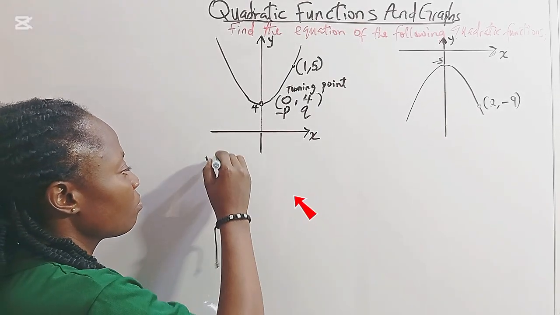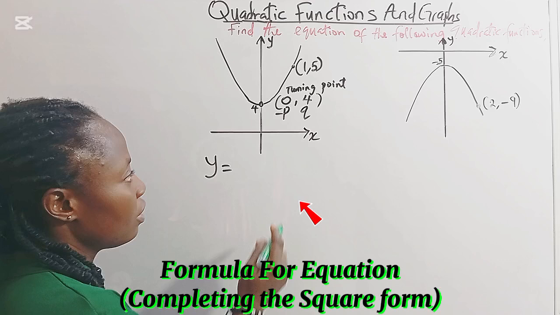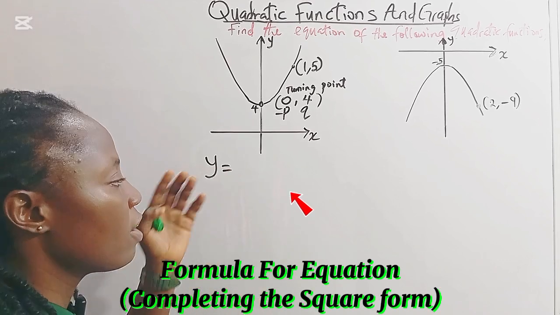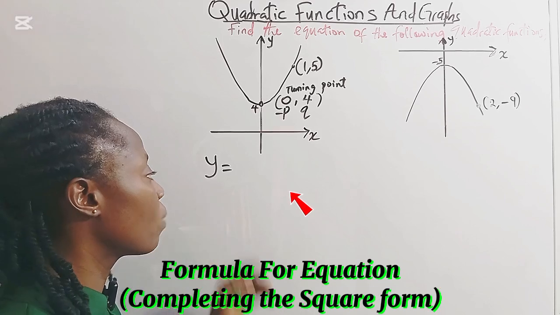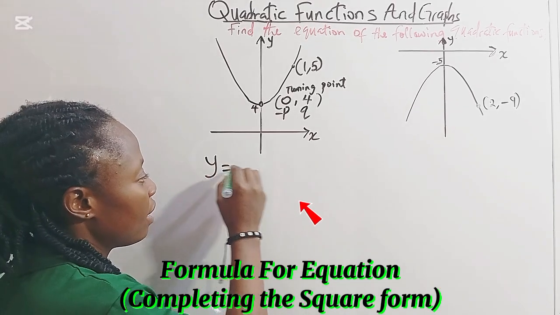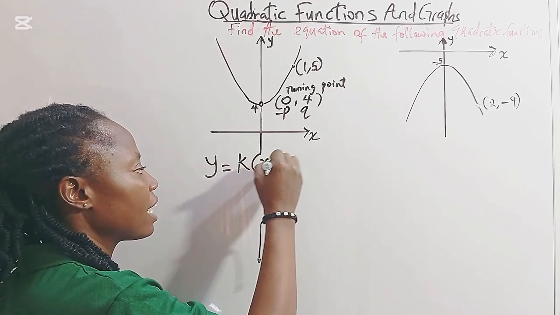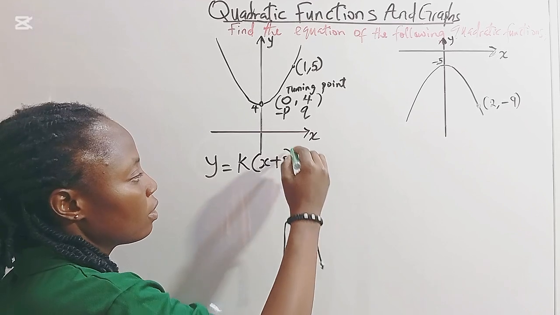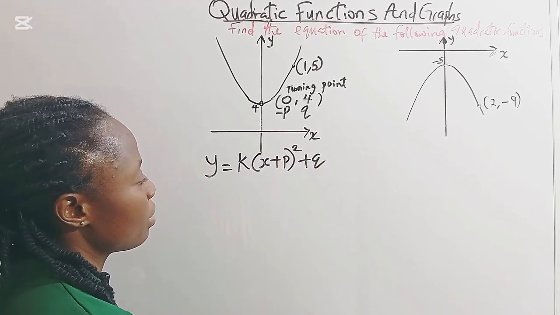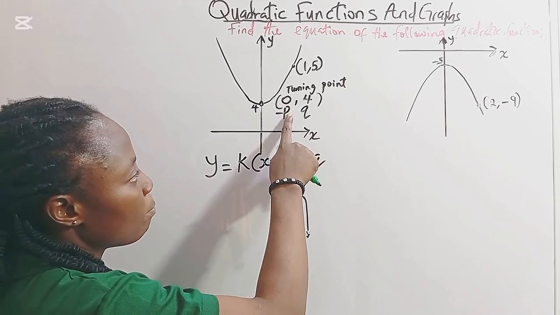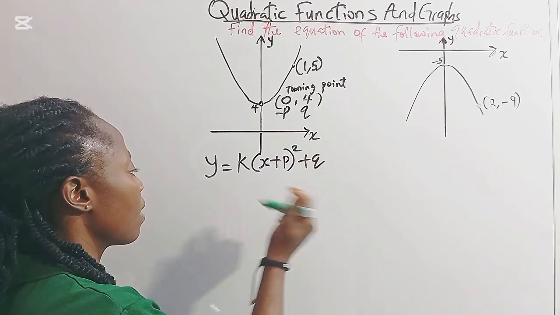What's the next step after you've gotten your turning point? The next step is to write out your equation, and the form we're going to be using here is the completing the square form, which is y equals k, open the bracket, x plus p squared, plus q. So we are putting the values of our p and our q right here.